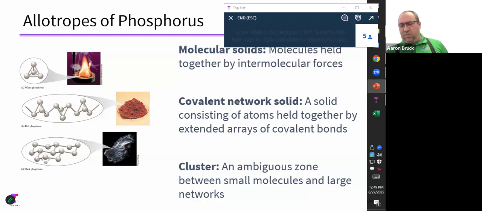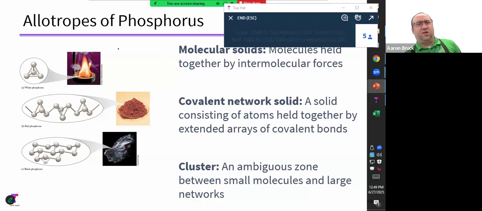So if you think about the arrangement of phosphorus in terms of its valence structure, each of the four atoms bonds to the other three using the unpaired electrons that they have.